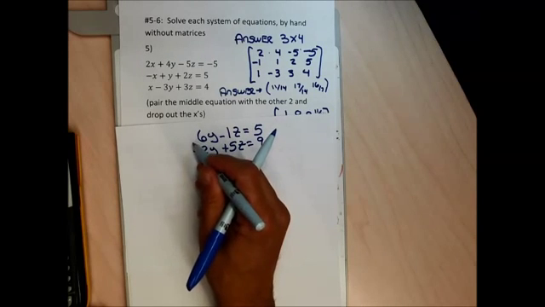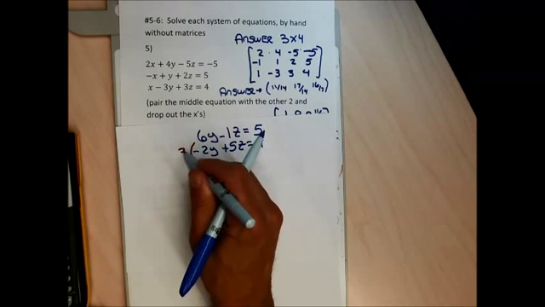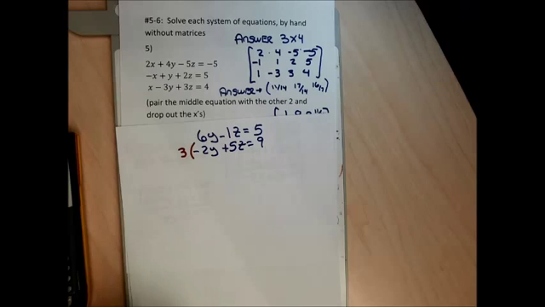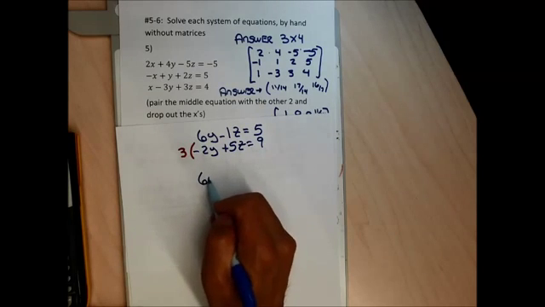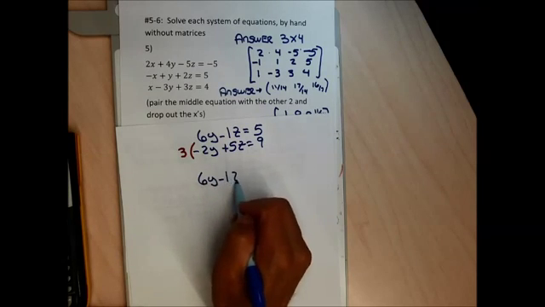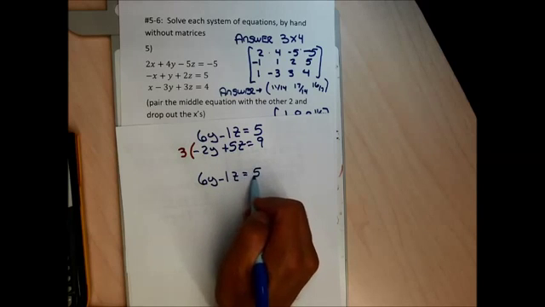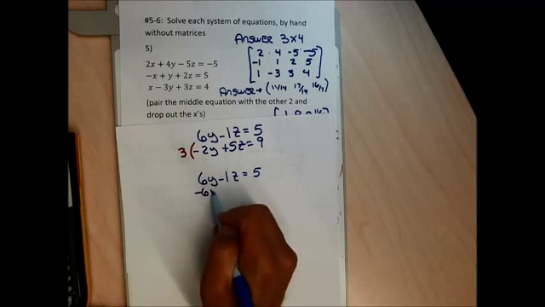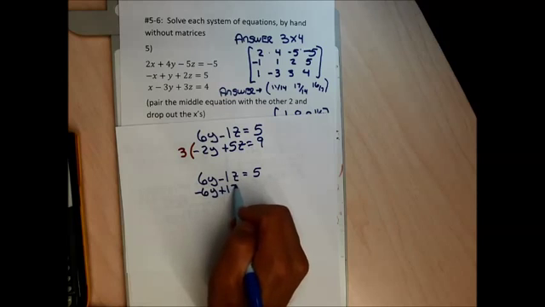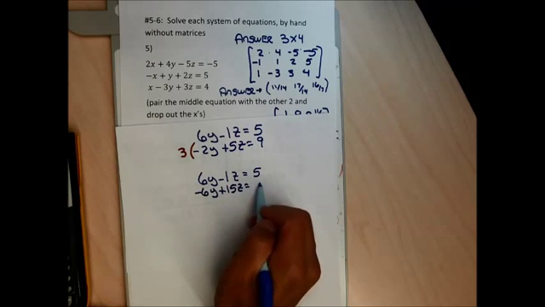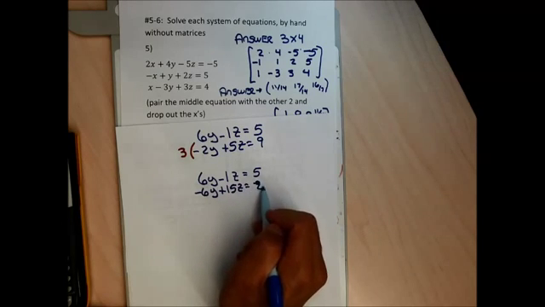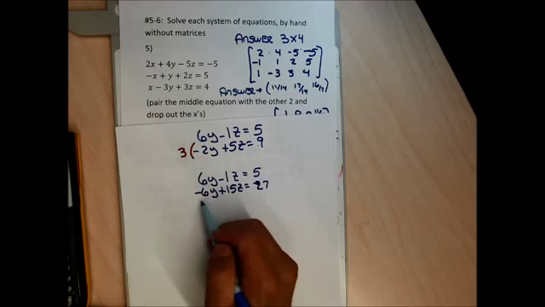I'm going to solve this by elimination by multiplying by 3 to clear the y's. So I'm going to leave the top, 6y minus 1z equal to 5, and the bottom is going to be minus 6y plus 15z equals 27, because 3 times 9 was 27.